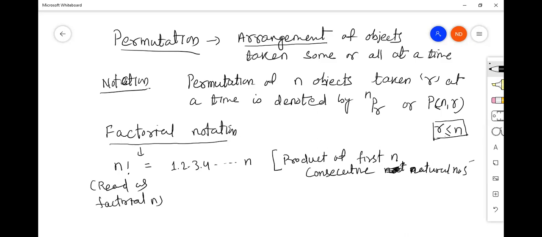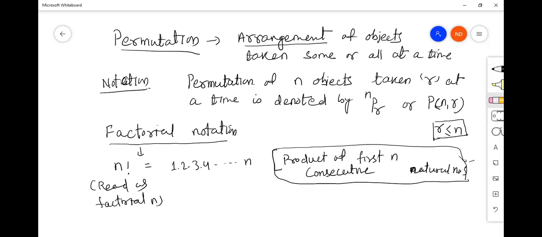So factorial notation is the product of the first n consecutive natural numbers.